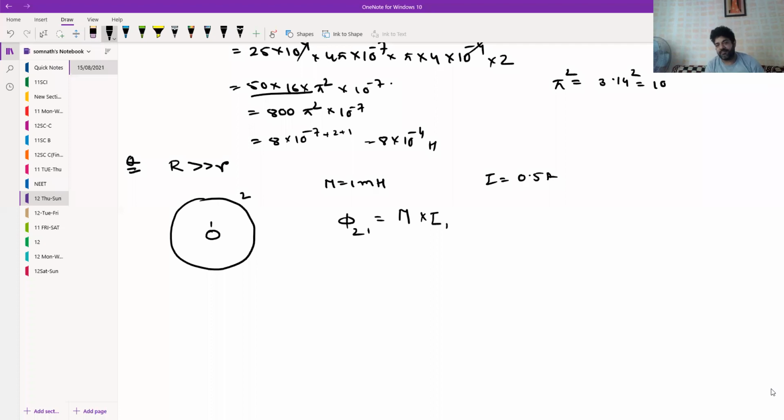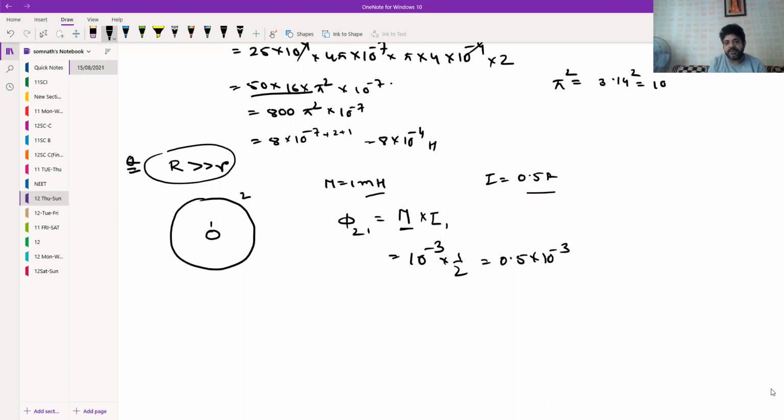It's very simple: whenever you have to find the flux, mutual induction is the same. It depends on which coil, current in the first or second coil. So I can write 10 to the power minus 3 into half, that is 0.5 into 10 to the power minus 3 Weber, 0.5 milliweber. Yes or no?